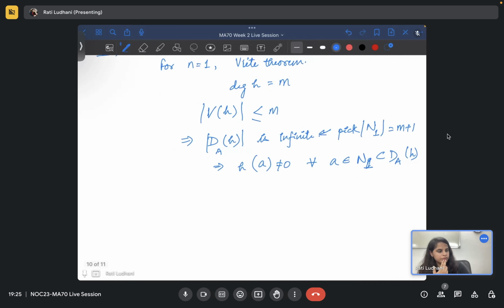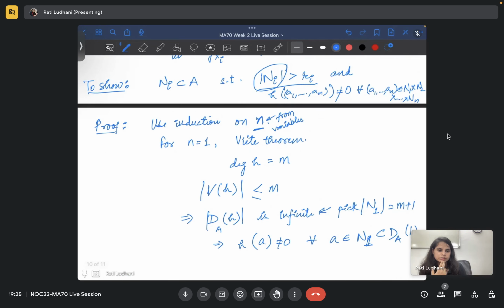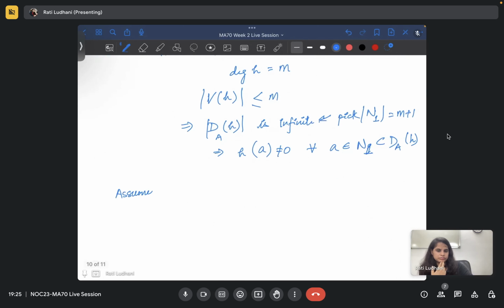Yeah. So now assume... Ma'am, can't we directly use this over there? If the number of points where h(x) is not 0 is finite, then this goes, because h is a polynomial. I'm not saying for n equal to 1, I'm saying for anything. No, it is 0 for an infinite set of points, that is possible.